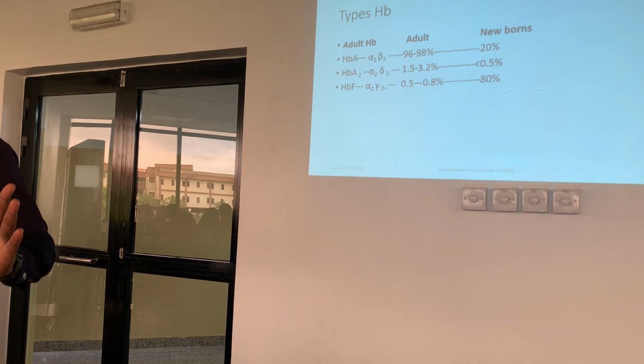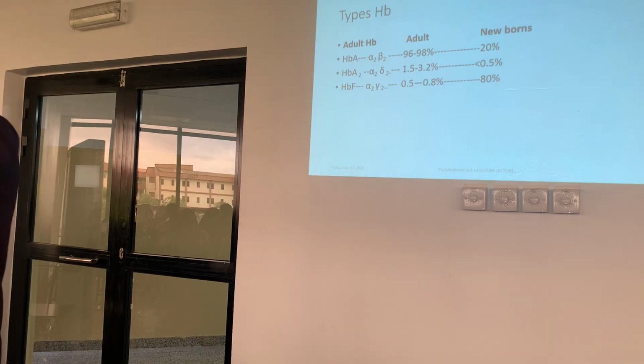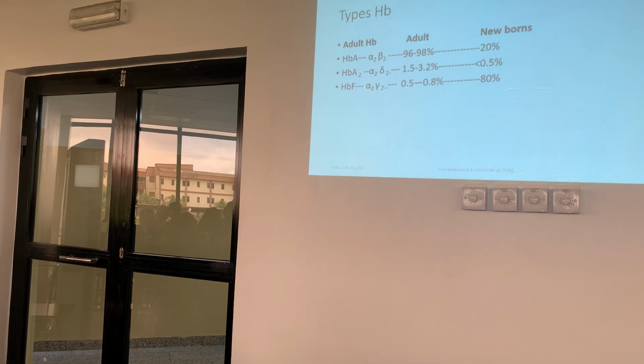In any combination of hemoglobin, you cannot have alpha and alpha, and you cannot have alpha and zeta, because they are the same type. It has to be alpha or alpha-like, and beta or beta-like. You understand the combination?